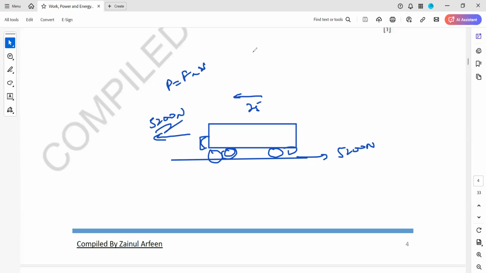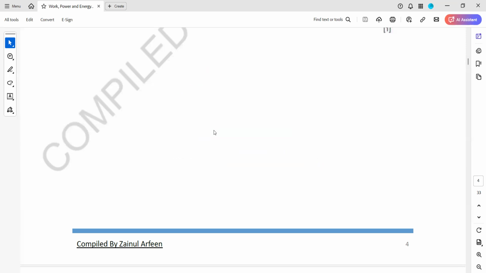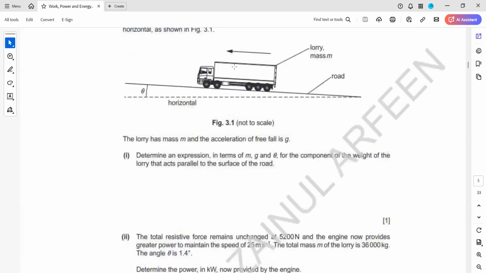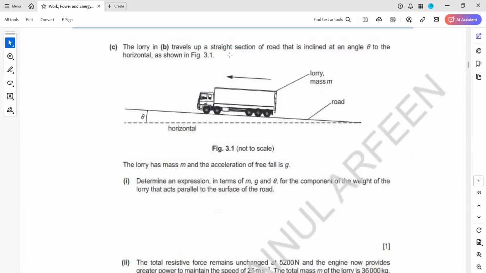Now what happened? Because it has to move against its weight as well. There's a resistive force of 5,200 Newton, and there's also a component of the weight which is parallel, that is W sine theta, that is also opposing.